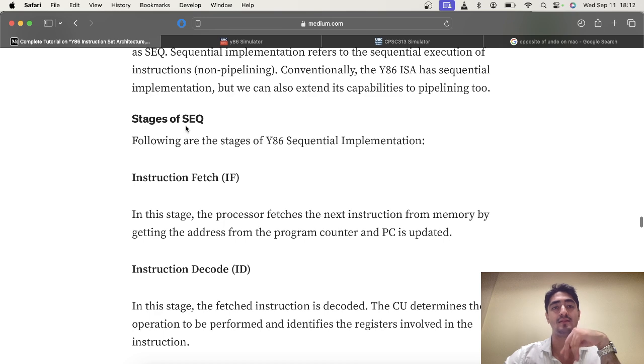Stages of SEQ. Following are the stages of Y86 sequential implementation. Let me write this.